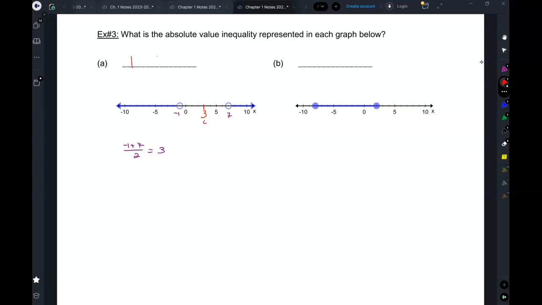So here, I say x minus that number. Now, is this and or or? Or, so it's going to be greater than. How much is this distance? From 3 to 7, 4. And you're done.